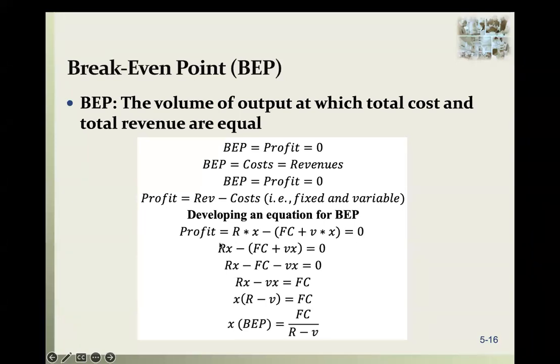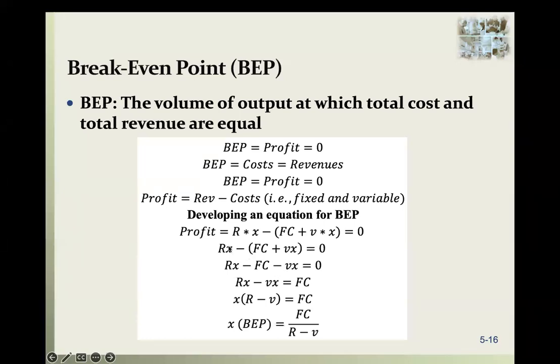And if you further solve it, R times X becomes RX. And then this is negative. This is the distributive property. When you open this parenthesis, the negative is distributed, and it becomes RX minus fixed cost and then minus variable cost times X. So the positive sign is converted into negative.